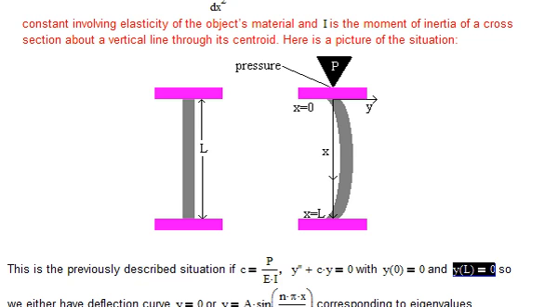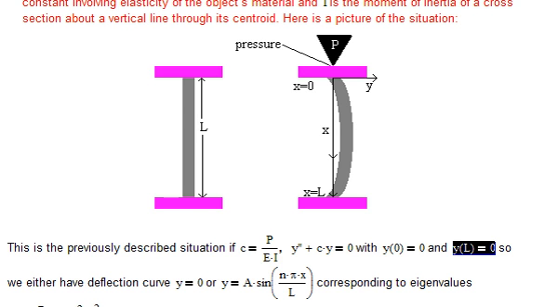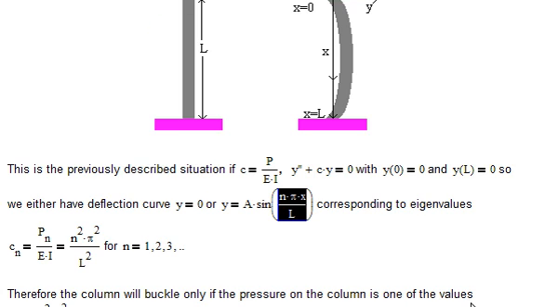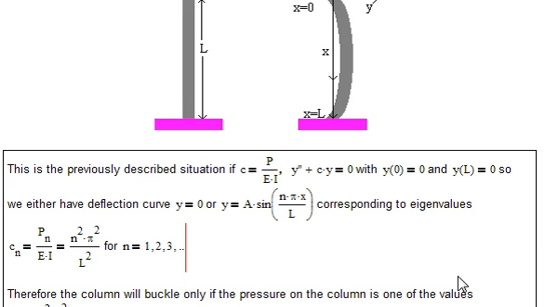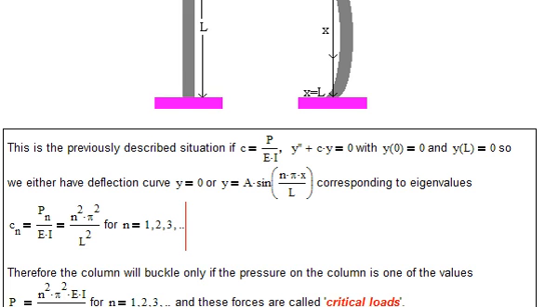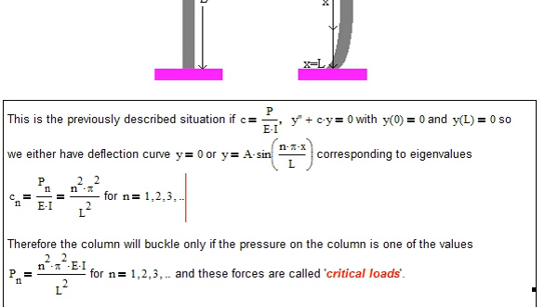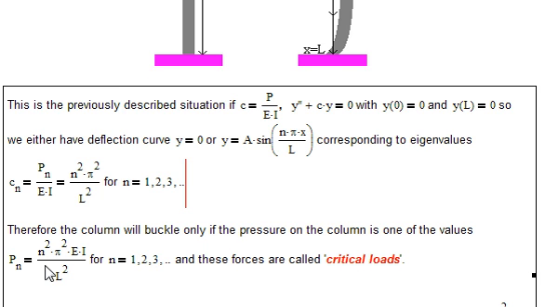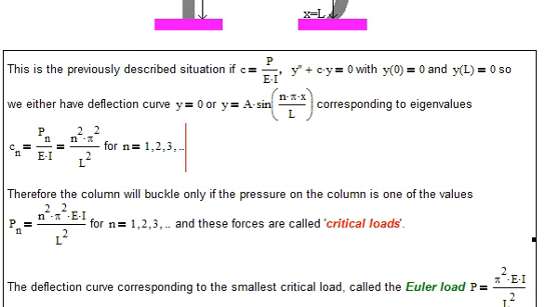So we either have a deflection curve y equals 0, means it doesn't bend at all, or y equals a times the sine of n pi times x, corresponding to the eigenvalues n squared pi squared over L squared, etc. So you can figure out what they are. Therefore, the column will buckle only if the pressure on the column is one of these values. And those are called critical loads.